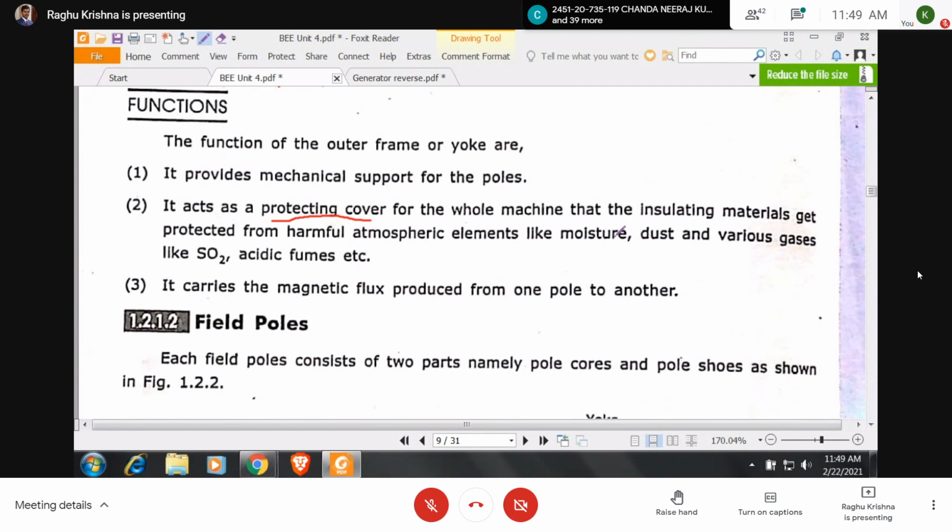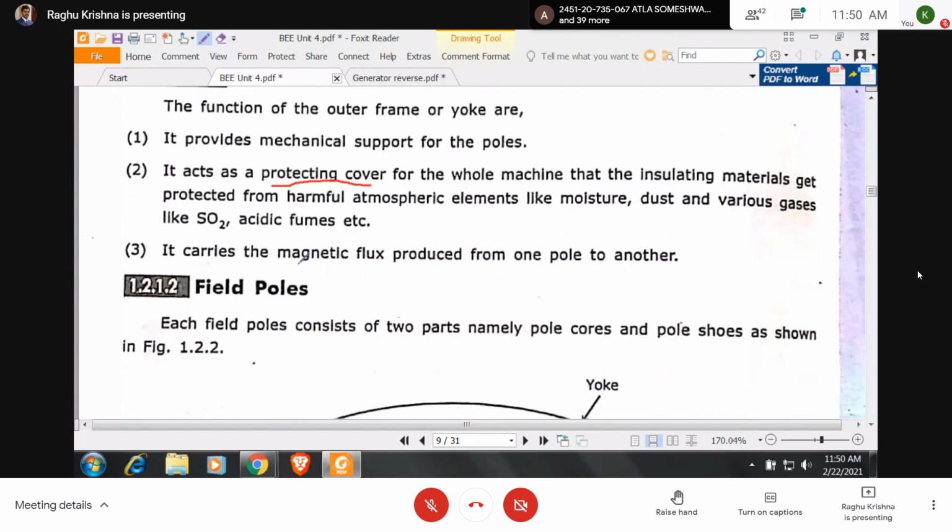The commutator is mounted on the shaft, but it is insulated from the shaft by the use of insulating material. This yoke provides the outer cover and protects the insulation. If there is moisture, the insulating properties get reduced.